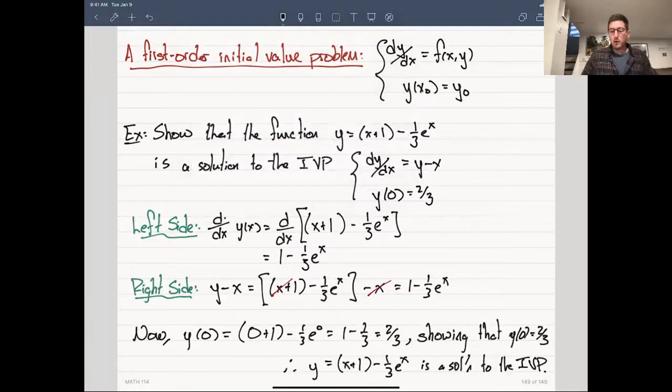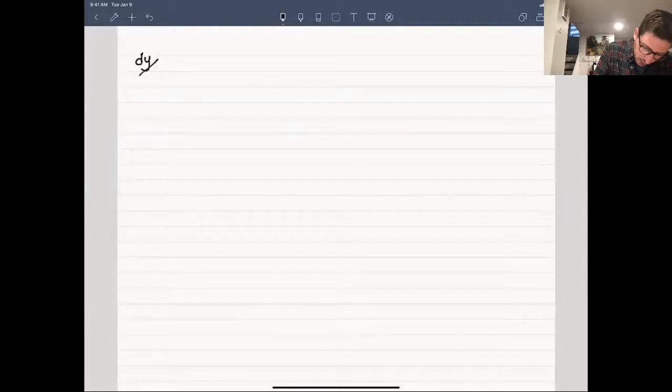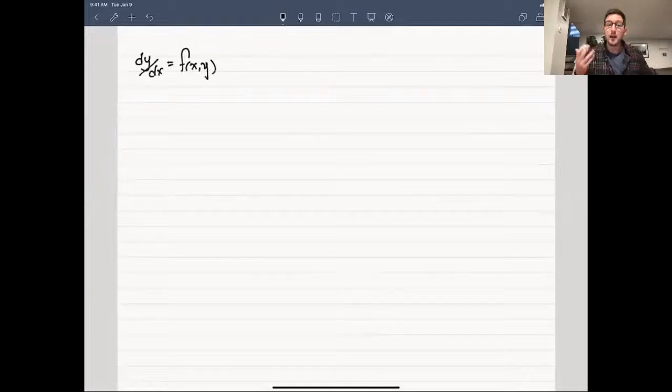Okay, so it's hard to say in any real generality how you can solve differential equations. But what I would like to point out is that if we have a differential equation that looks like this, this basically tells me that if I know the value of x and the value of y for my function, then I know the slope of the function at that point as well, right?